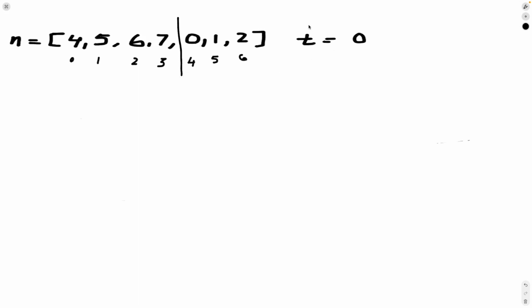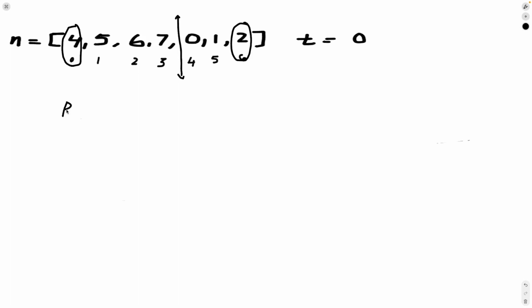My target value can either be greater than this element, or I can check if it is smaller than this element. So to solve this problem, what I need first is where to split nums. For that I need the index.